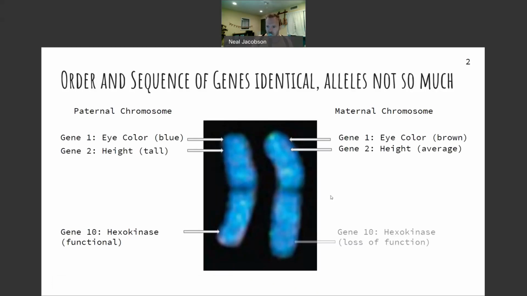It's going to have a gene for your hexokinase. But the difference is that they're not identical when it comes to the alleles. And I put the alleles in parentheses. So alleles are different variations of those genes. So you have the exact same order and sequence of genes, but the alleles can be different. Okay, so the variations of the gene.